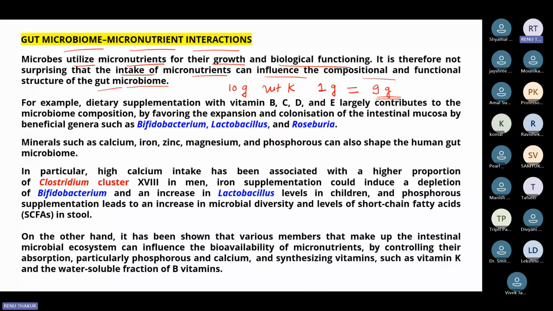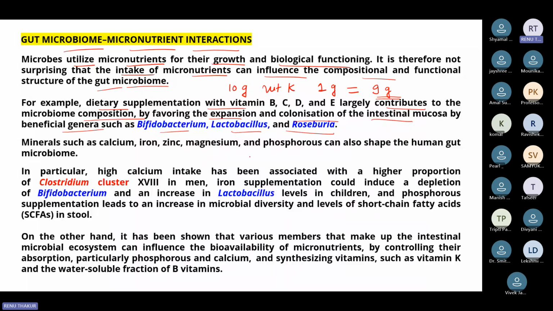A dietary supplementation with vitamin B, C, D, and E largely contributes to the microbiome composition by favoring the expansion and colonization of the intestinal mucosa by beneficial genera like Bifidobacterium, Lactobacillus, and Roseburia. So if you are feeding your body a particular kind of nutrient, then only a certain group of bacteria will grow.